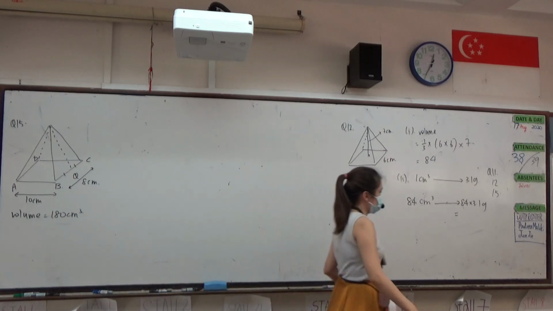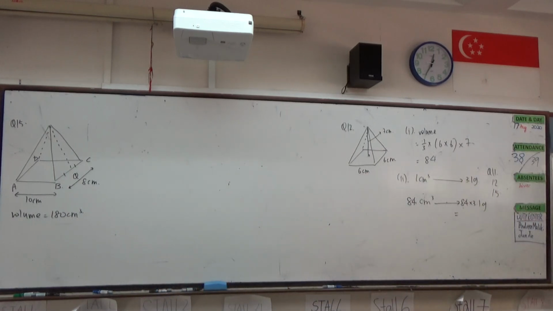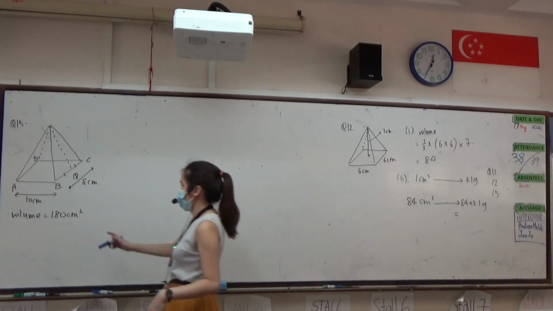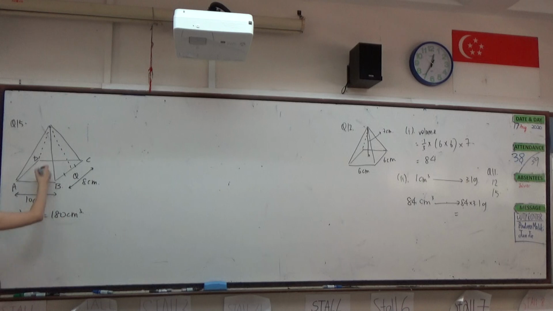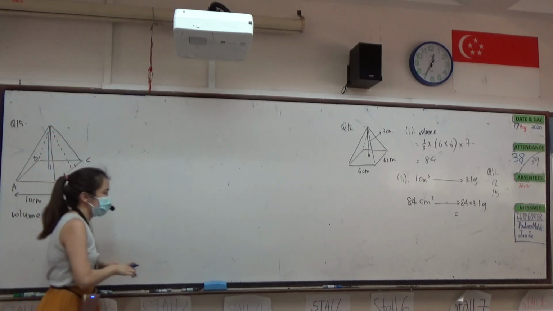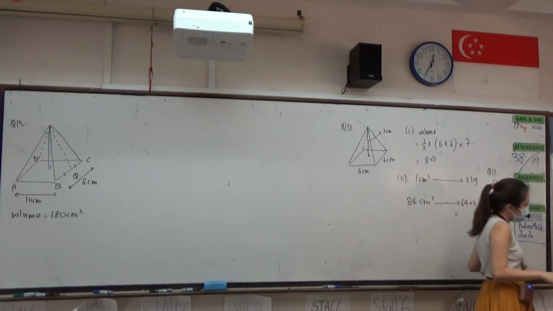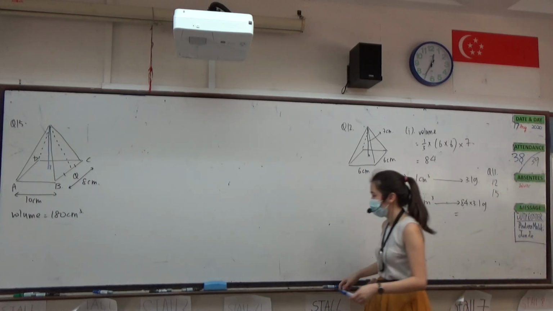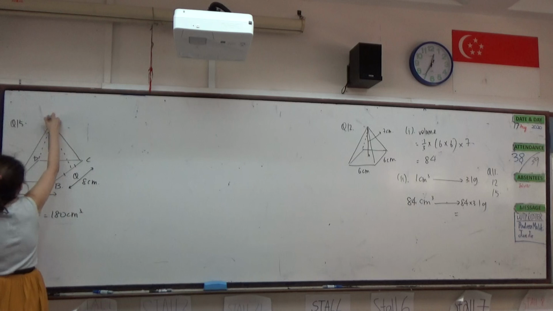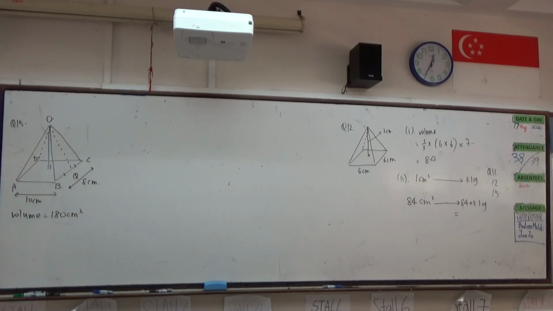So for question 15, I need to find the height given that the volume of this pyramid is 180 cm cube. The height refers to this one here. So it is open. Given the volume, how to find the height?